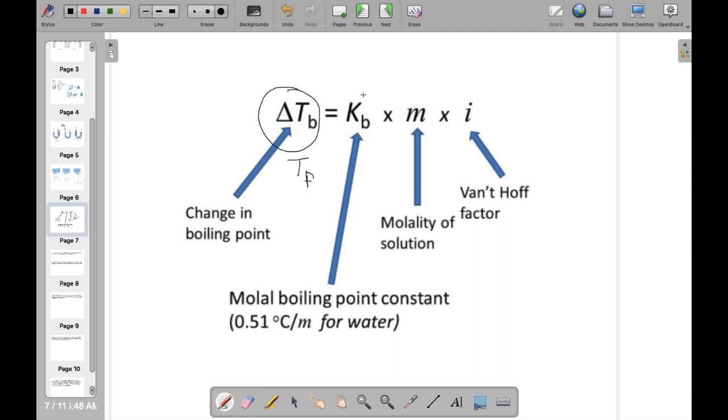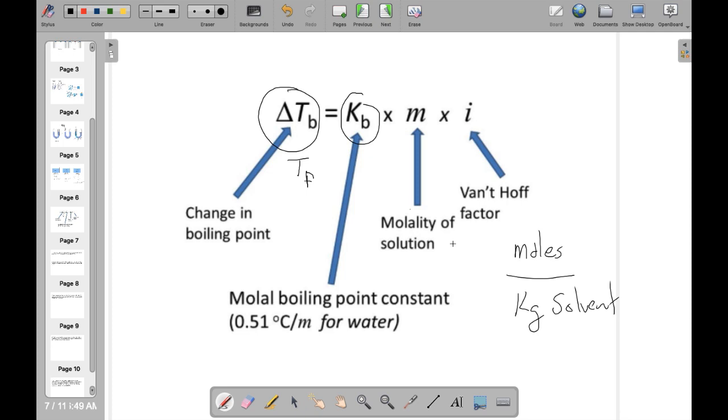This right here is a constant. See, it has a K, which normally is a constant in chemistry. And it's a boiling point constant. Notice it's molal. What does that mean? Well, we're going to be using molality of our solution in these problems, not molarity. Remember, molality is moles of solute over kilograms of solvent.